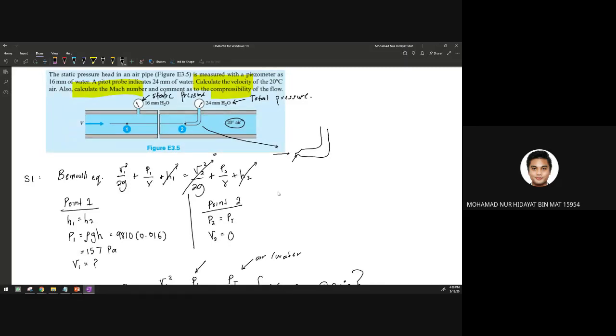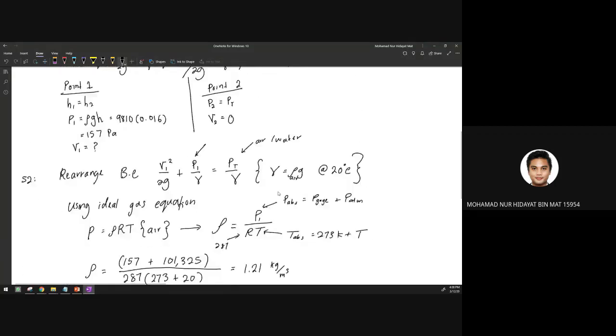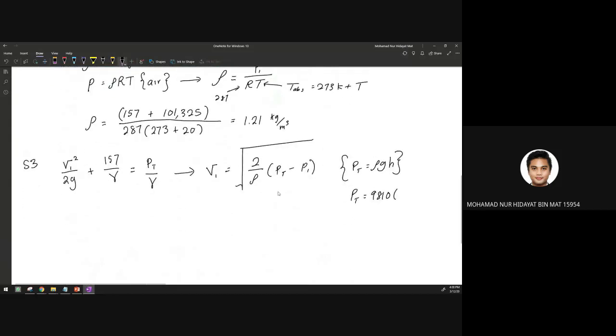So PT is equal to rho g of water, and the water is 24. So rho g is 9810. The distance here is 0.024. So what's the answer there? 9810 multiplied by 0.024 is 235.44 Pascal.